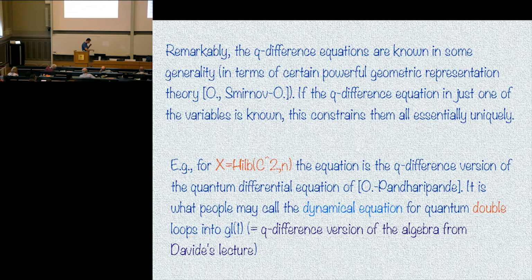If you have a quantum group, there are two kinds of q-difference equations associated to it: the q-Knizhnik-Zamolodchikov equations, and the dynamical equations, so that will be the dynamical equation. And the group here is the quantum double loop group of GL1.